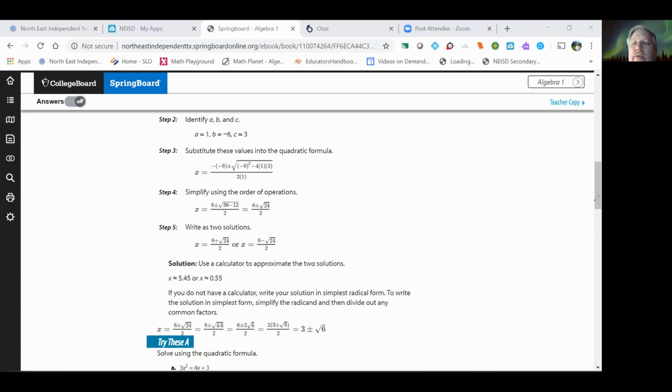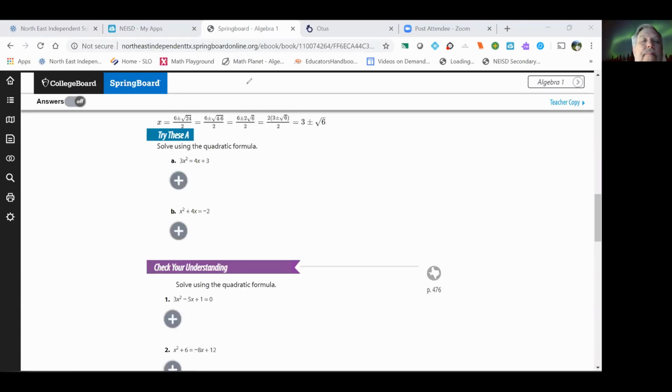All right, so let's go ahead and do the try these. Try these A. So that's going to be 3x squared is equal to 4x plus 3. And what I want to do is get everything together on one side, and the other side is going to be nothing left over, so it'll be 0.